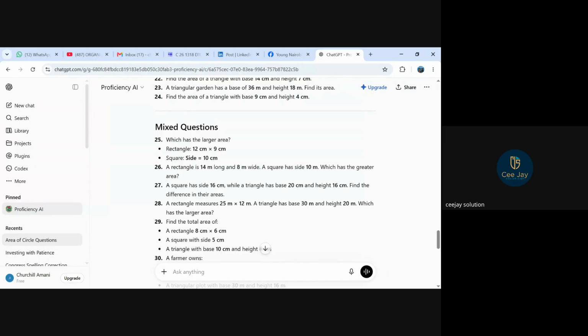Tackle 25. Then 26 and 27. Try these mixed questions.